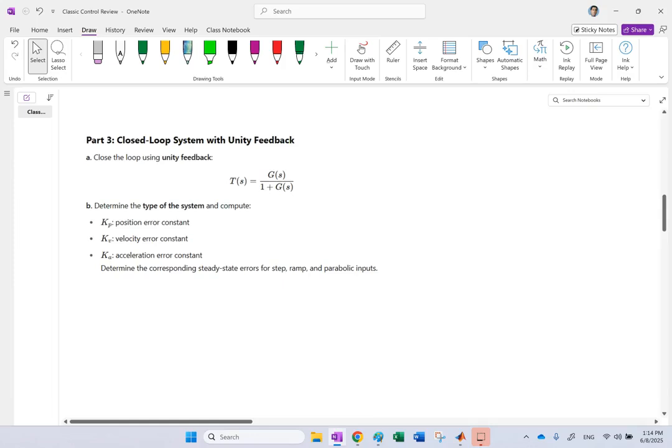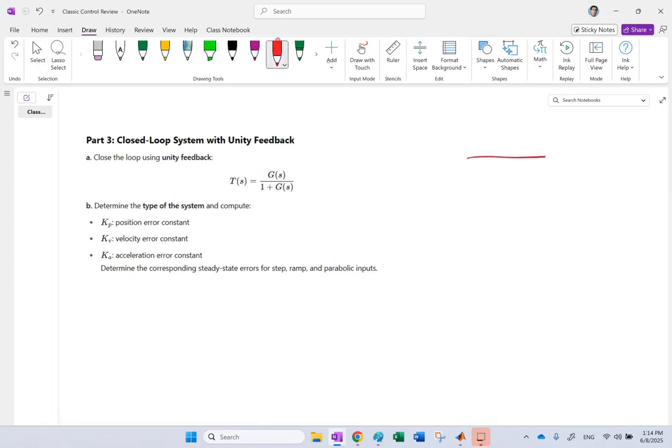Part 3 says close the loop with the unity feedback system. It says, okay, now the desired input goes in, and the desired output, which in this case is the output of the system, goes out. This is X, this is F. And this is your G, and then unity feedback, which means basically the feedback transfer function H equals 1.